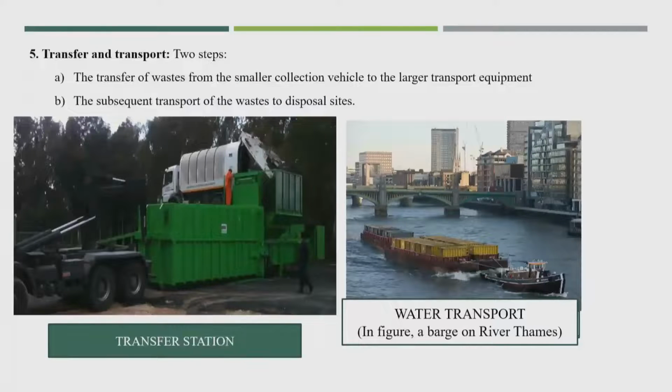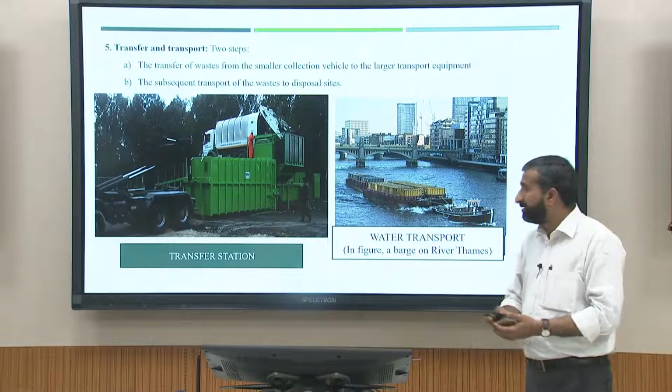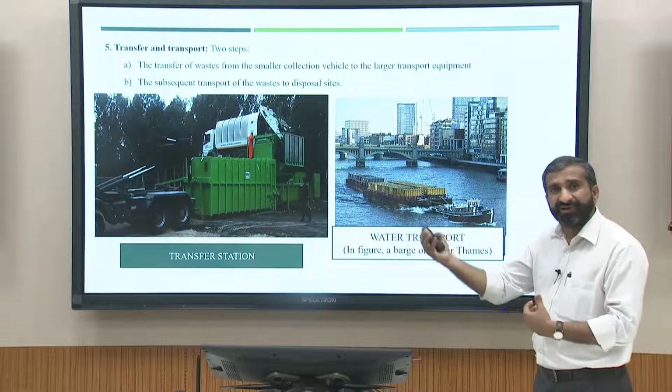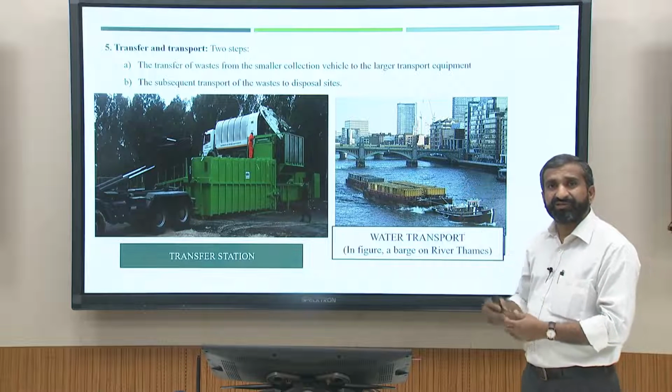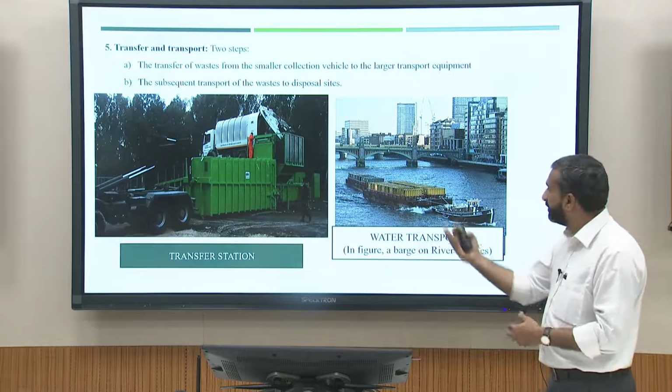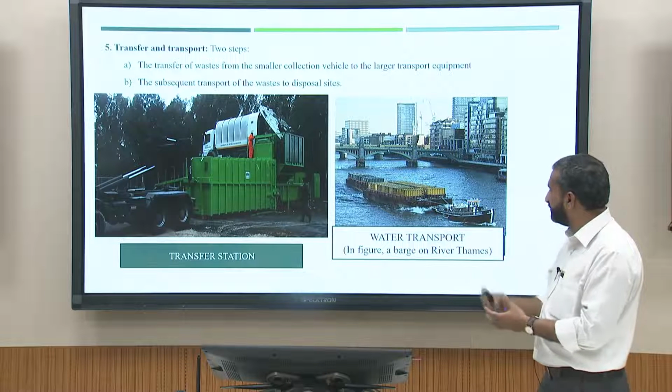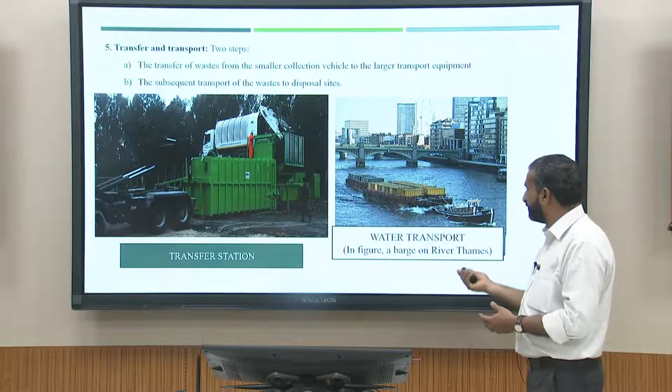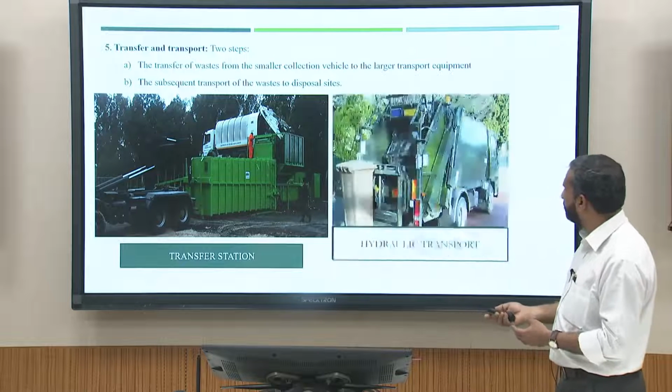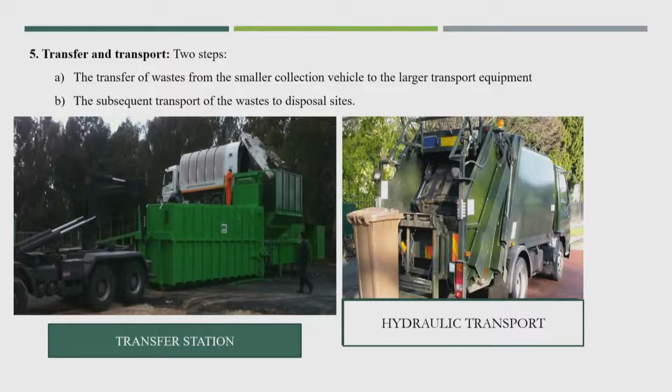Also water transport: some countries do not have large areas of land available, and their landfill or treatment facility is relocated to some other part of the sea, so waste has to be transported by water. Now, collection is the most important functional element.